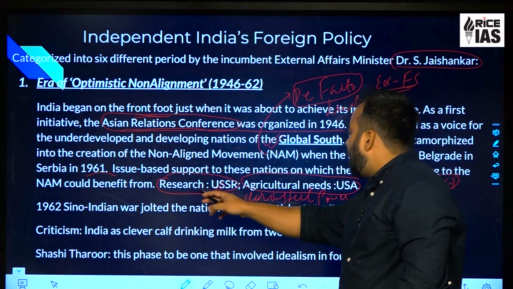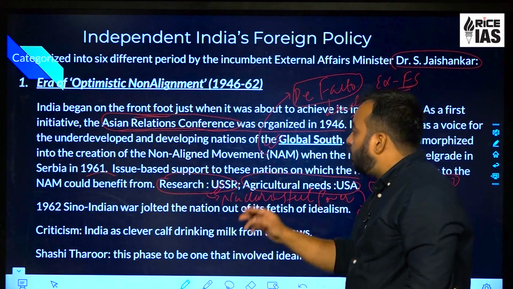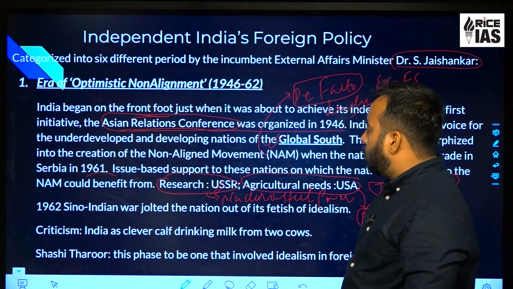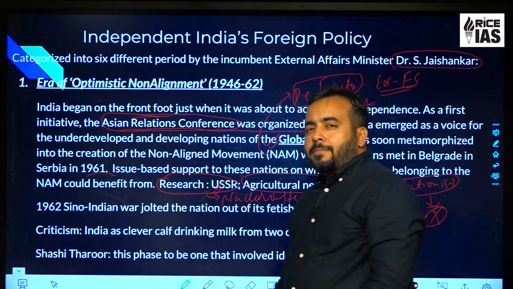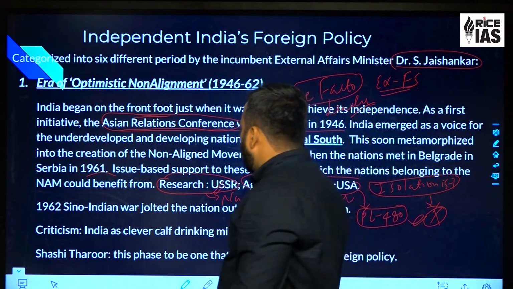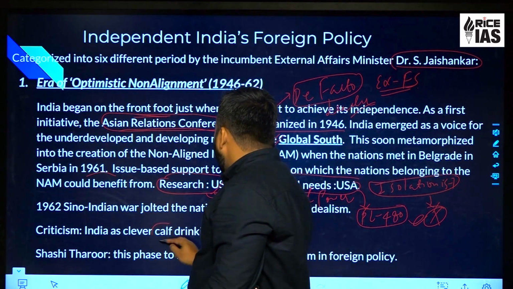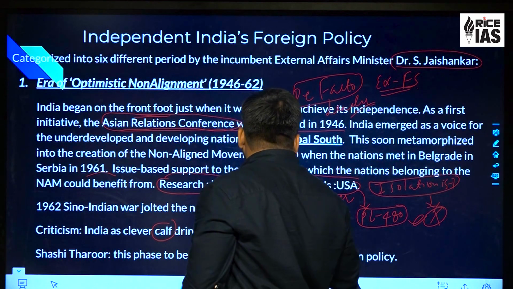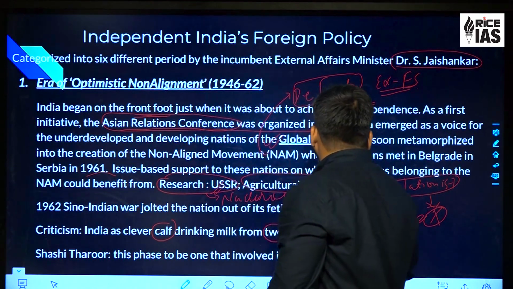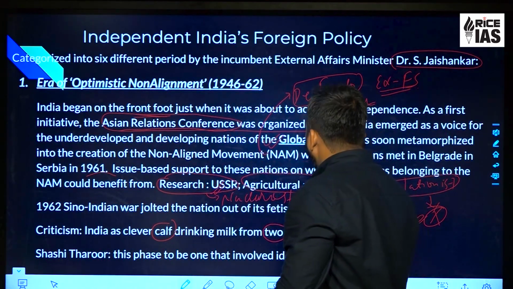So basically India is taking help from both, issue based, and because of that, India has been called a clever calf drinking milk from two cows. These are the two cows, cow 1 and cow 2.